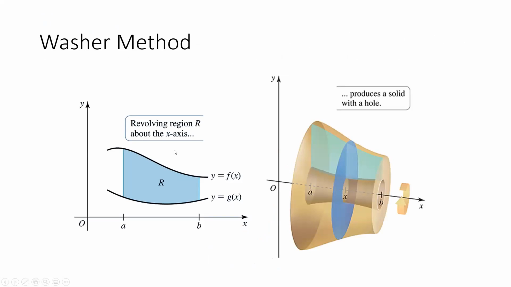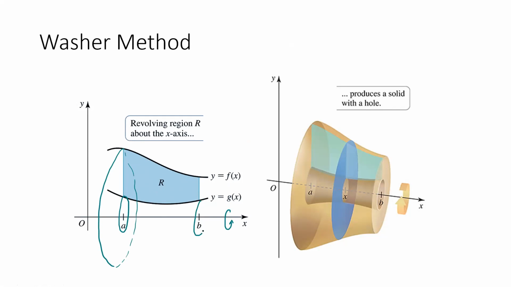So maybe here I'll just introduce the washer method, which is kind of extending on the idea of the disk method, but now we're imagining there's like a hole in our disk. So now it's like our solid is formed when we have this region that's got a gap between the region and the axis of rotation. So when I revolve this region around the x-axis, there's going to be a gap that's formed in our solid.